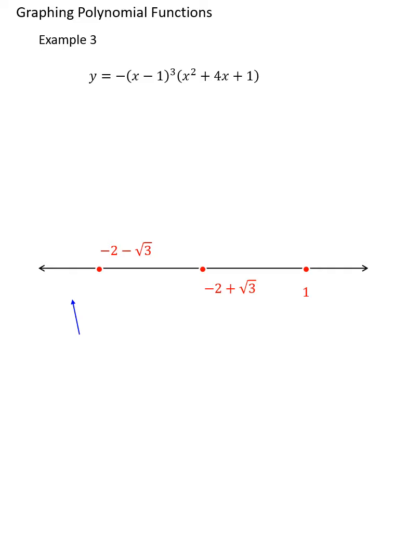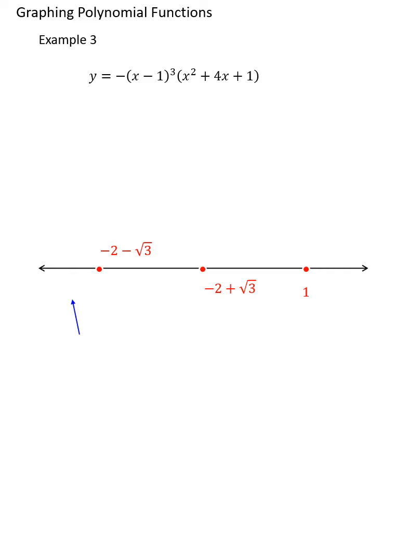Now, some students would tell me that it's difficult for them to pick a number over there because they don't know what -2 minus radical 3 is as a decimal. Well, without a calculator, you can estimate what -2 minus radical 3 is. Follow this logic. Radical 3 has to be less than radical 4. If radical 4 is 2, then radical 3 must be 1 point something.